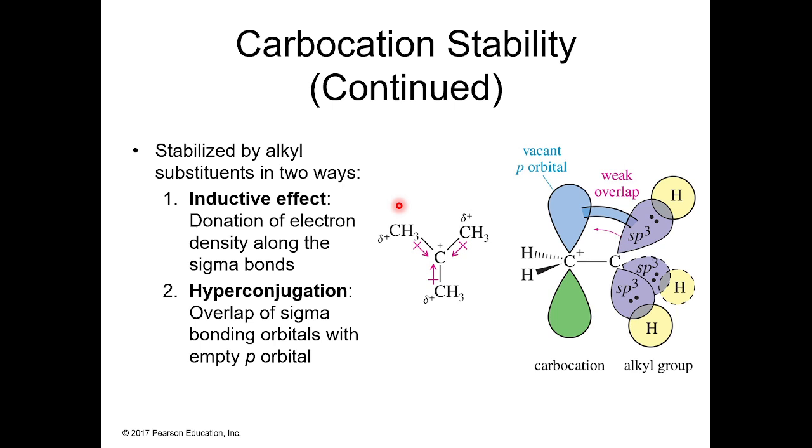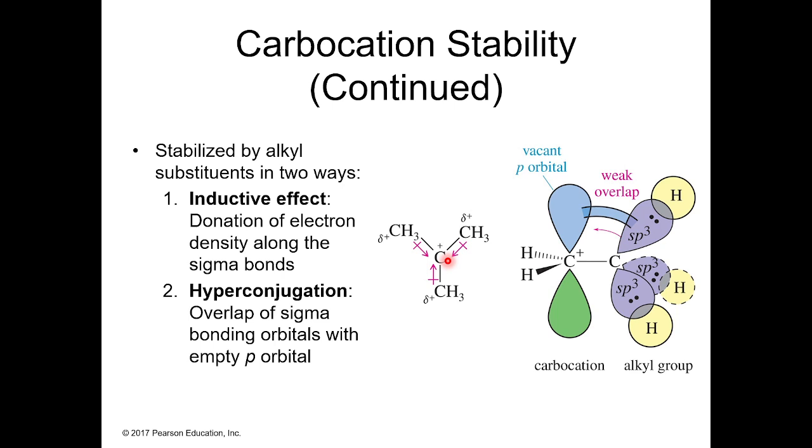And so these carbons are actually just a little negative. They have a little bit of extra electron density. Now, what's going to happen is when you have a carbocation, that center carbon is now positive, isn't it? And so that's going to pull electron density from those CH3s. And that's going to happen directly through the sigma bond. It's going to pull the electrons in the sigma bond towards it because it's more stable that way, right? And the methyls have a little extra negative charge to counteract that, so it's fine. Did that make sense?